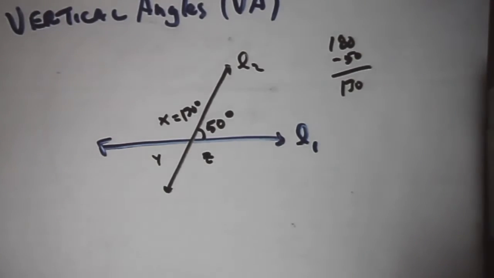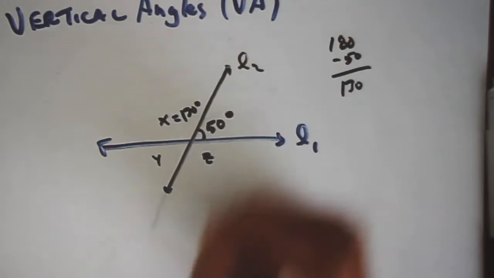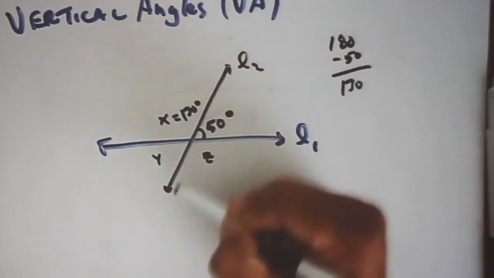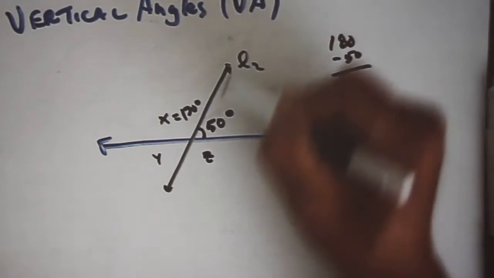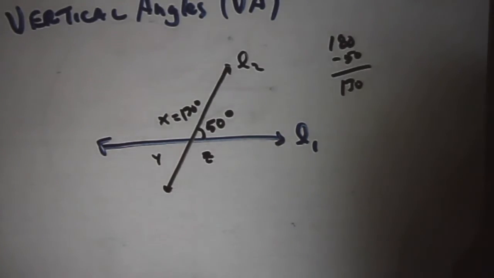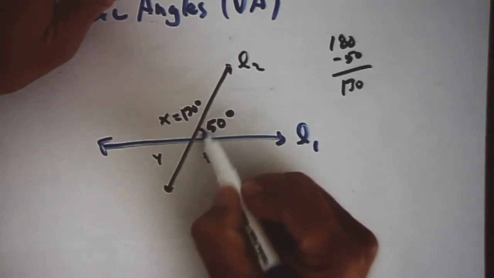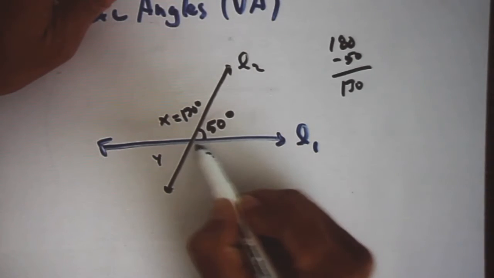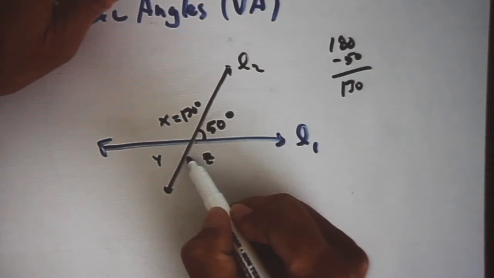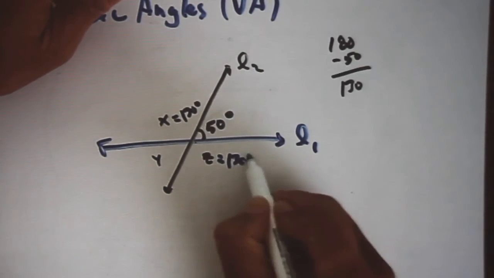However, if we look at line 2, that line that crossed line 1, that's also a straight line. So within line 2, there's also 180 degrees. So if this line is made up of this angle 50 degrees, this angle Z must be the difference between 180 and 50 degrees. So it is 130 degrees as well.